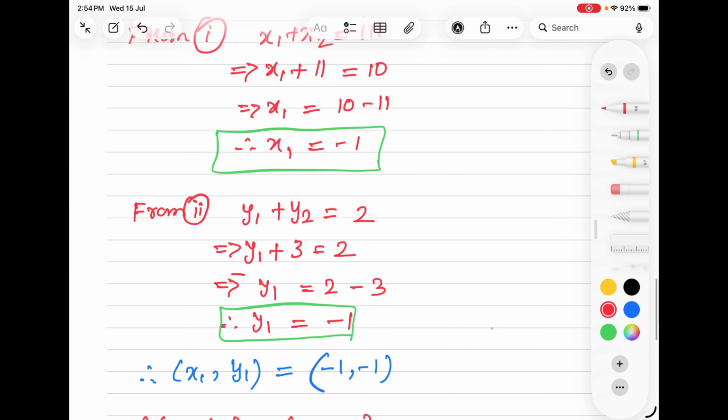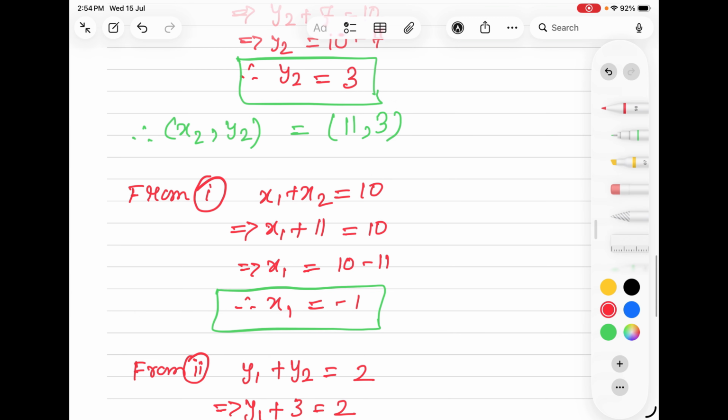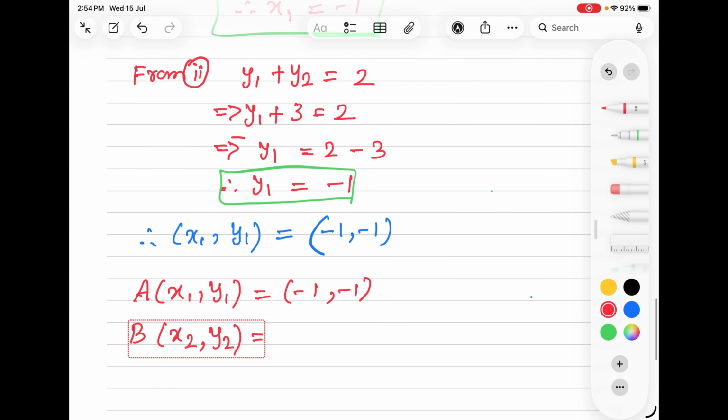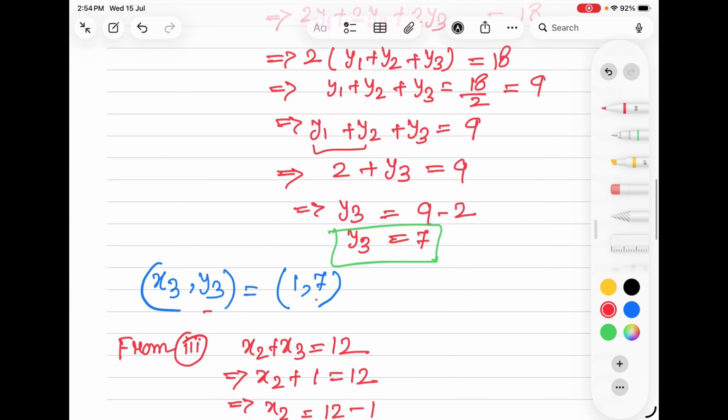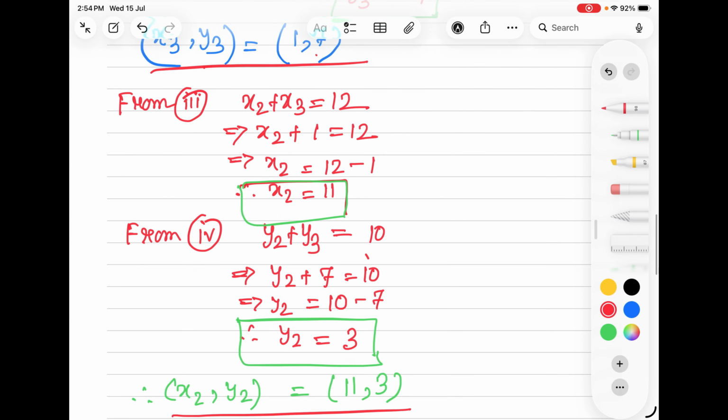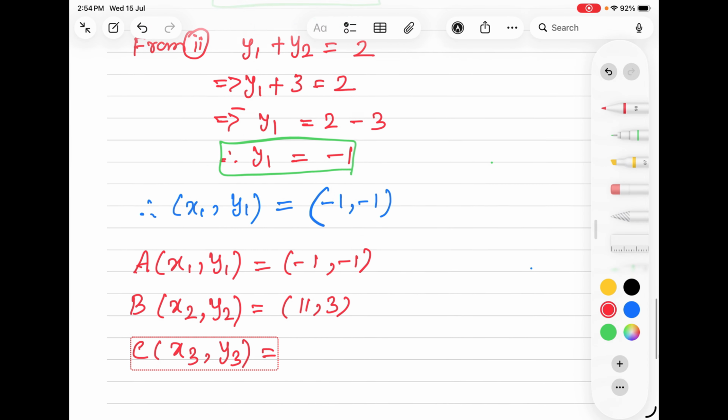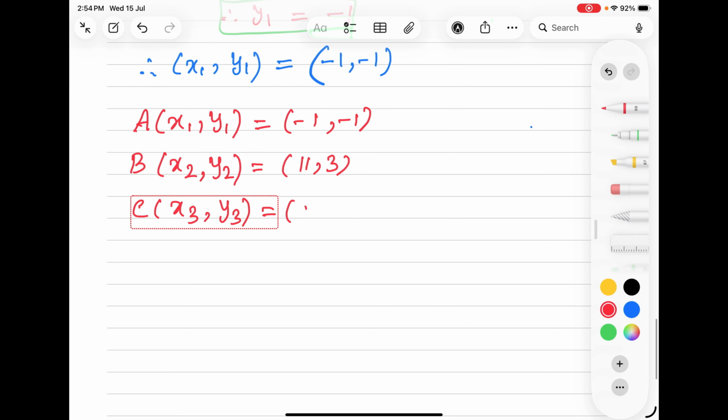What is the value of x2, y2? This one: 11, 3. And c equals x3, y3, which is 1, 7. So this is the answer.